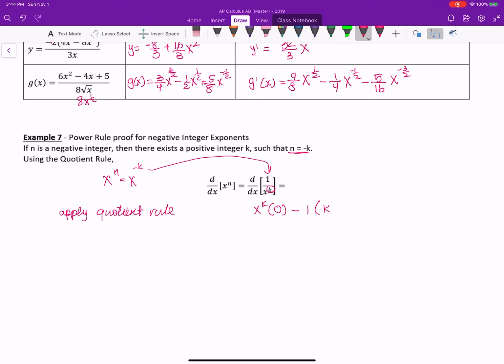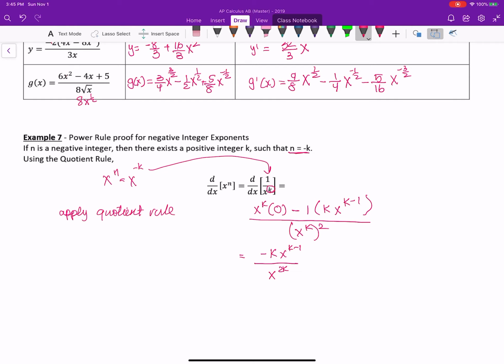So k times x to the k minus 1, all over ho squared, draw the line and square below, right? So in the numerator, I get negative k x to the k minus 1 over x to the 2k, a power to a power we multiply.